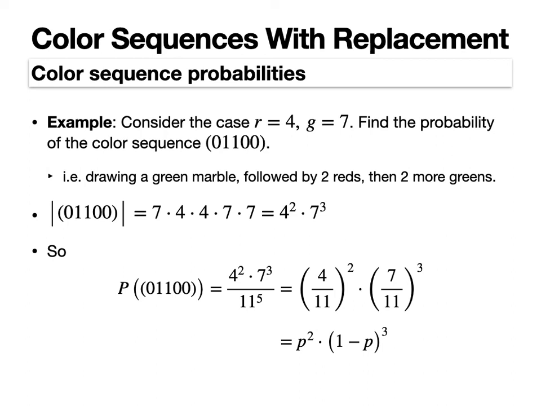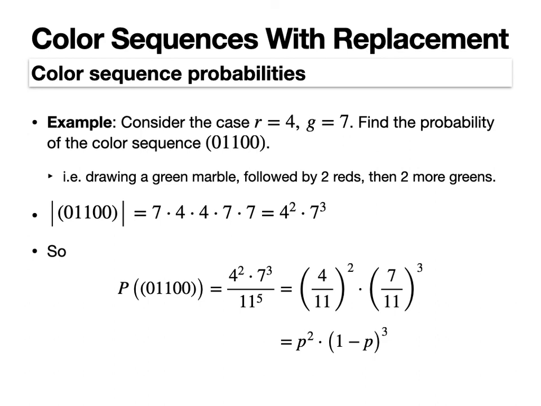So you get 4 squared times 7 cubed over 11 to the 5th. And I want to write that in the way you see here. I want to split it up into 4 over 11 squared times 7 over 11 cubed. Because 4 over 11 is the success probability, and 7 over 11 is the failure probability. So we see this is really p squared, the success probability squared, times the failure probability cubed.